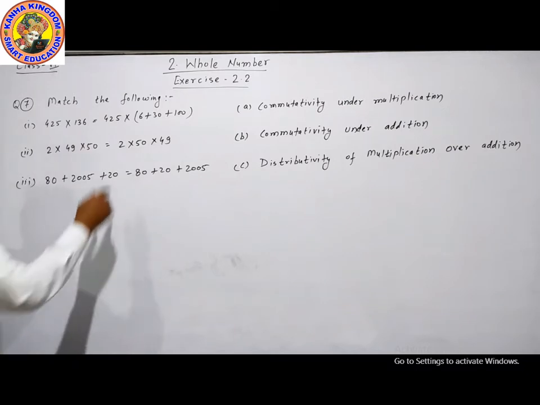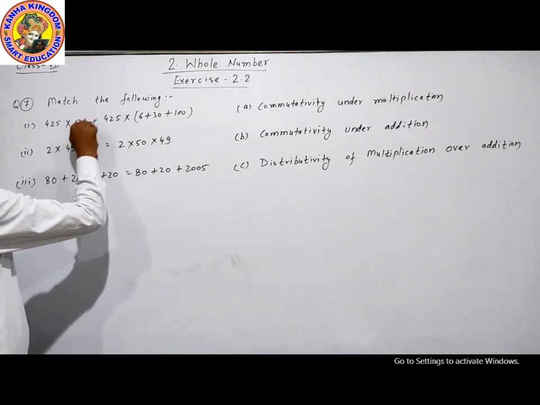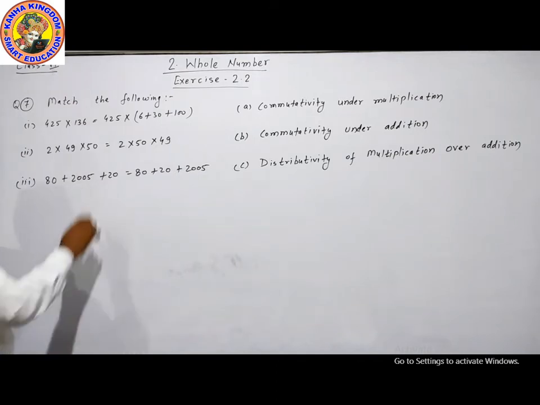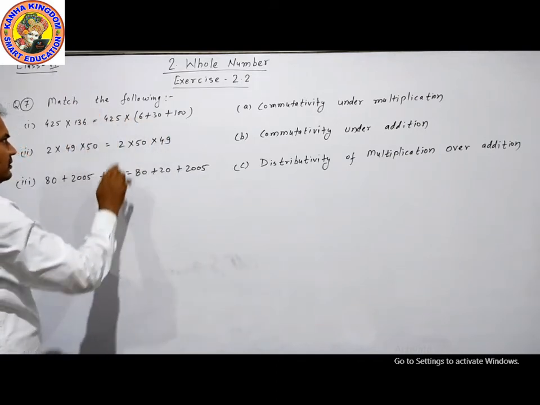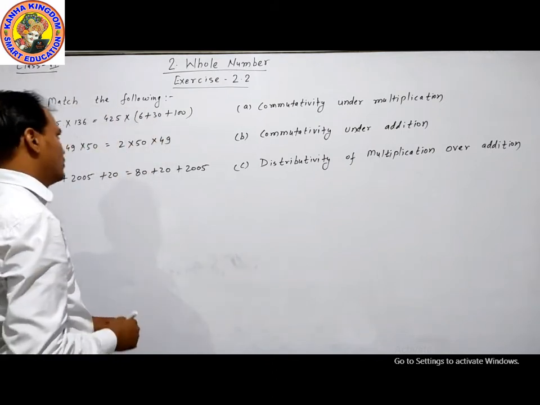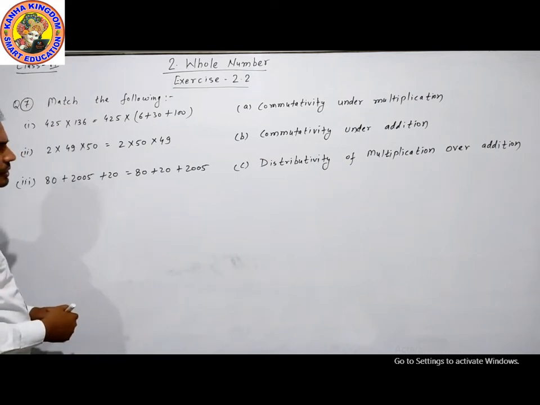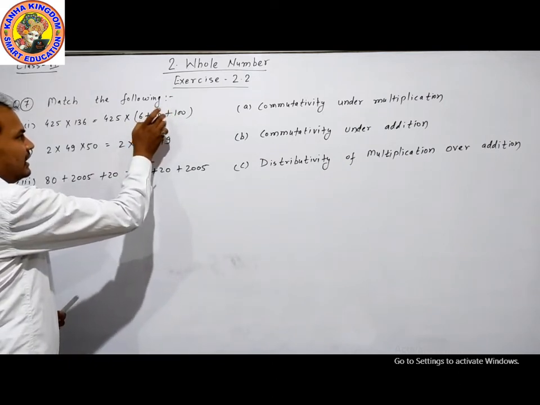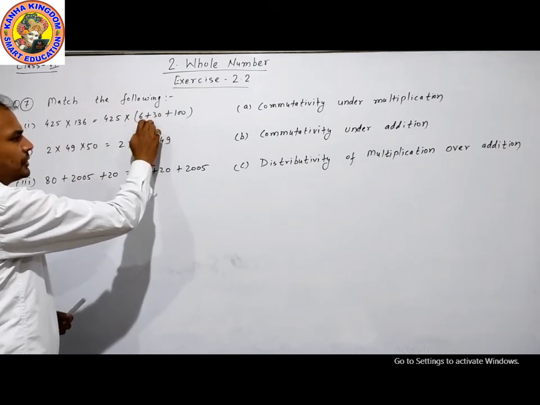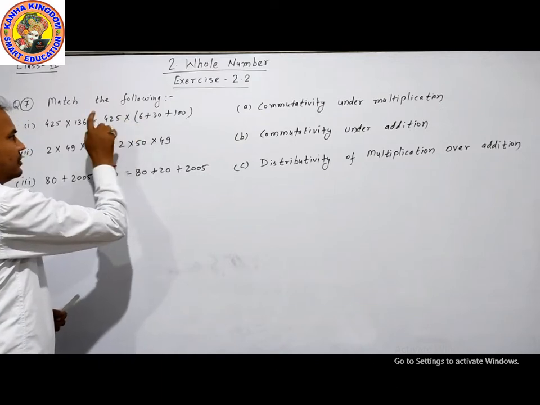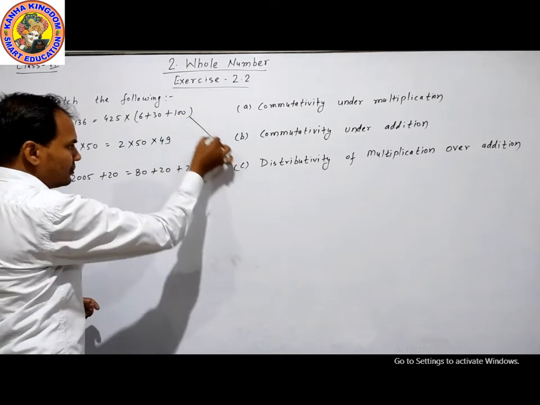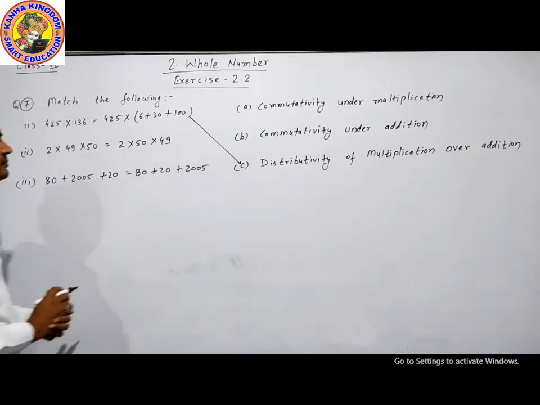When we break any number in multiplication in terms of addition, in terms of zeros, this is called the distributive law. We break this number in terms of plus, meaning addition: distributivity of multiplication over addition. This is our right answer.